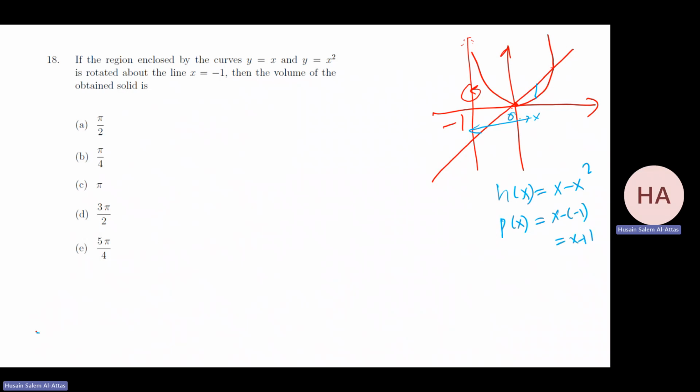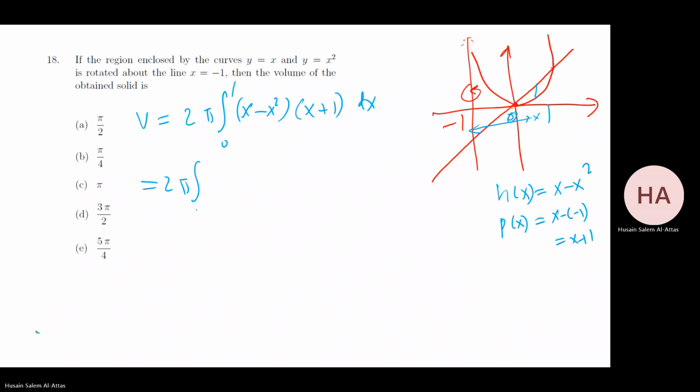And from where to where? Very clear, from 0 to 1. So the volume will be 2 pi integral from 0 to 1 of x minus x squared times x plus 1 dx. Do the calculation.